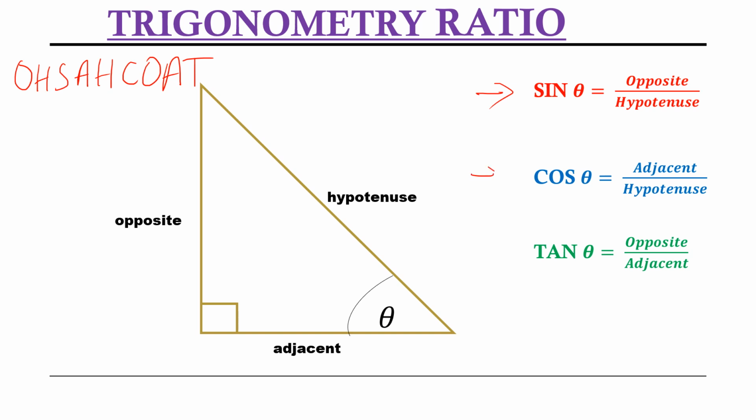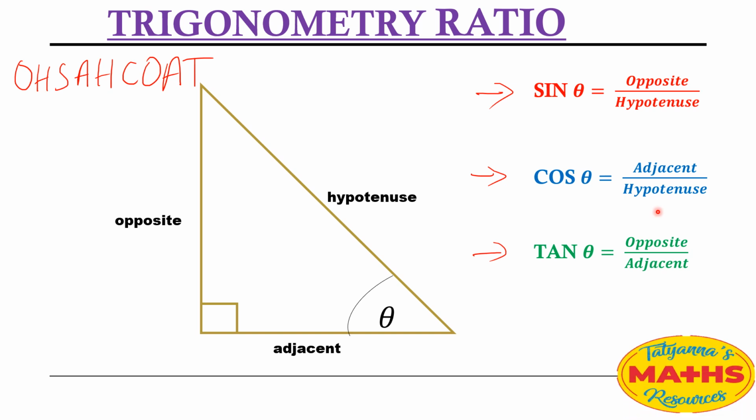The cosine rule states cos theta is equal to adjacent over hypotenuse, and tan theta is equal to the opposite over the adjacent. So let's remember that because we need to know when to use this in the questions that we're going to look at after this slide.